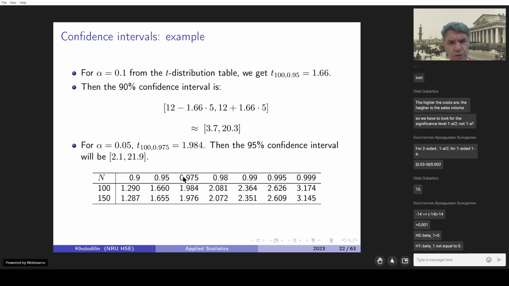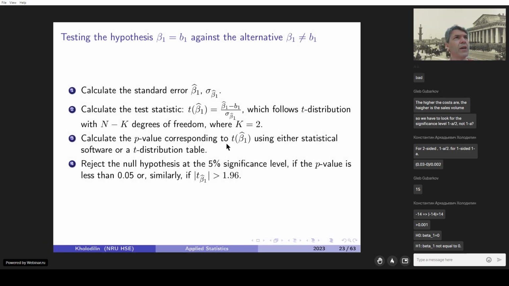So there are two ways to do this. Either we take from the table some critical value corresponding to 5%, or to 10%, or to 1%, and we plug the test statistic into the distribution and obtain the corresponding p-value.